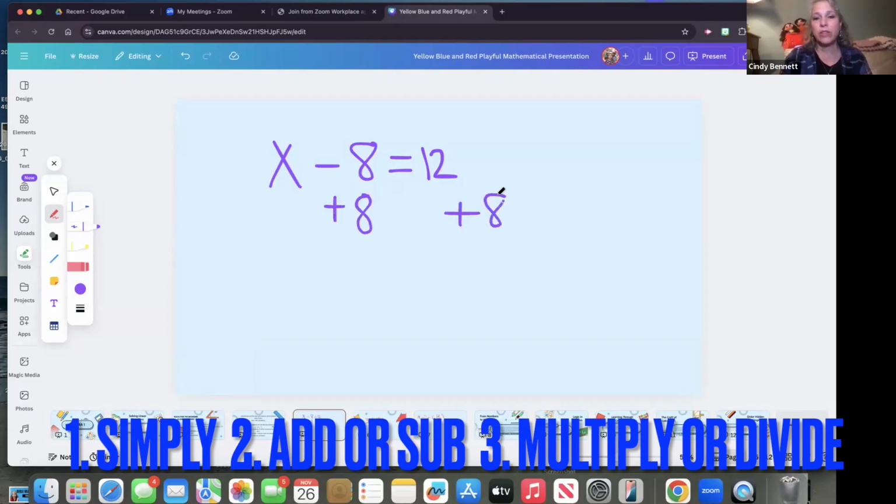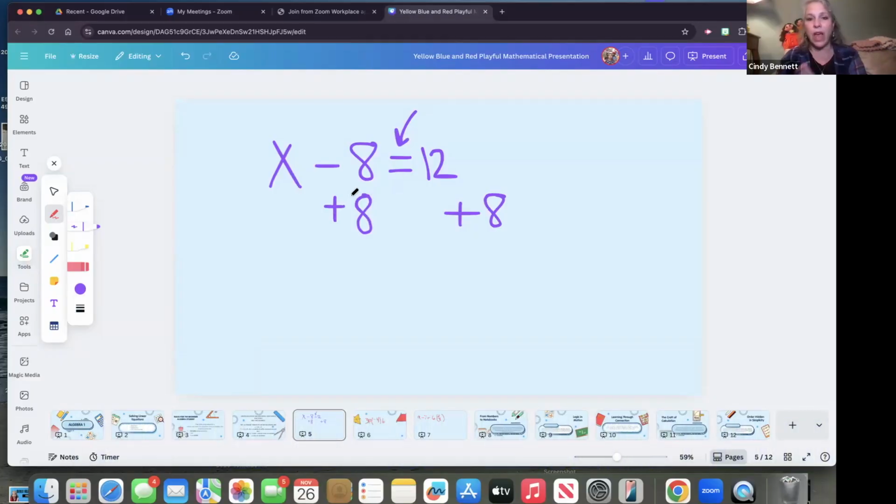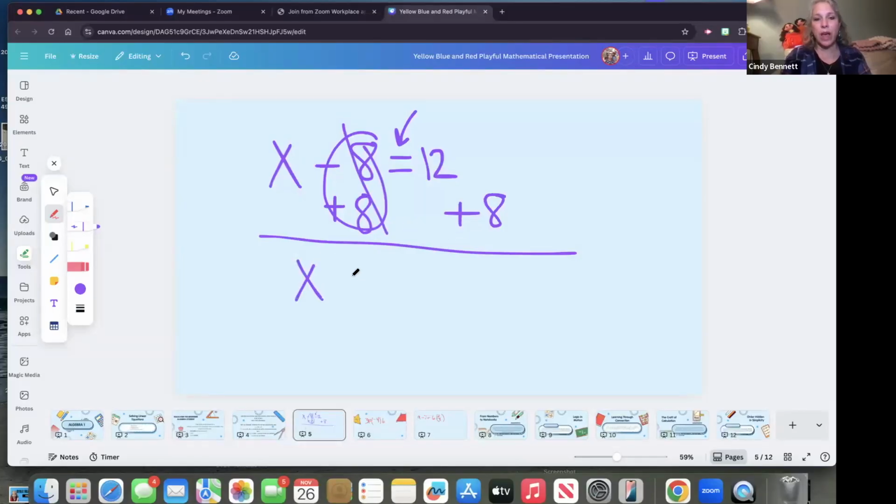So I'm going to do that to both sides. Now the sides are either side of the equal sign. So if I add 8 on one side, I have to add 8 on the other side, and that makes a balanced equation. Okay, so negative 8 plus 8 is 0. So I have x alone on one side. 12 plus 8 is 20.